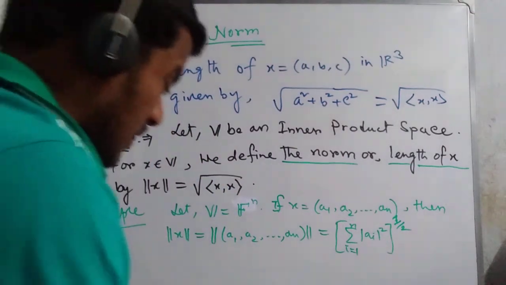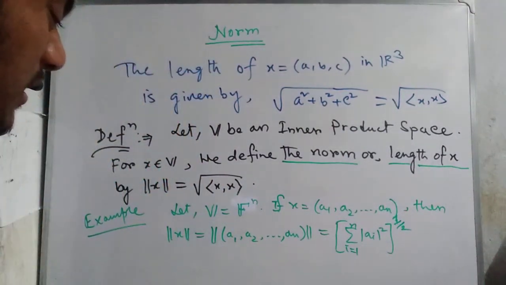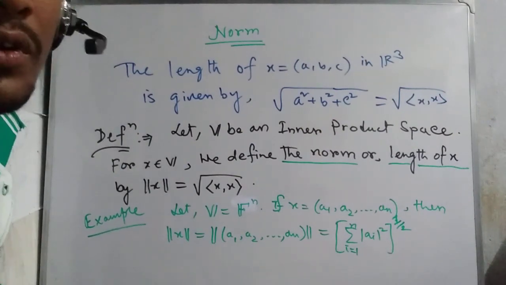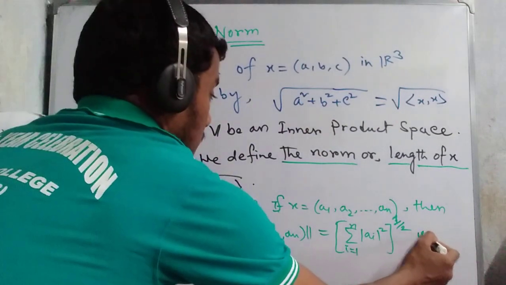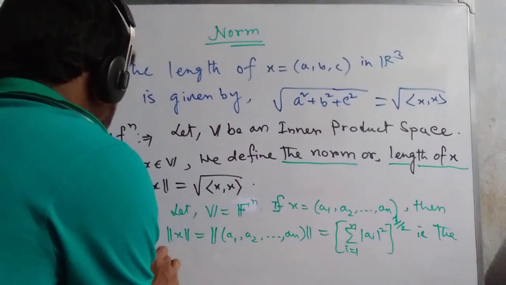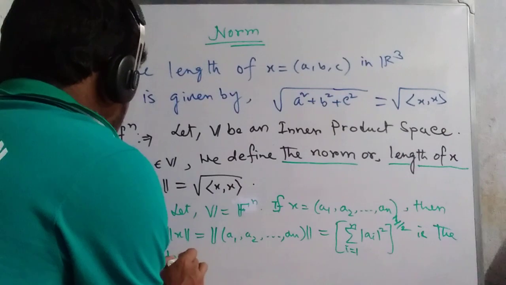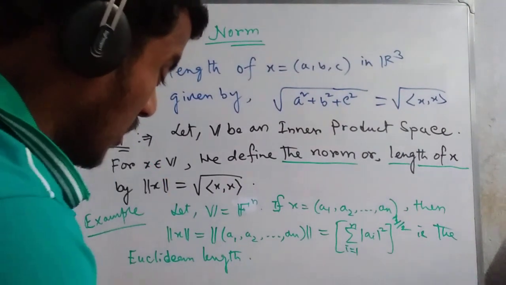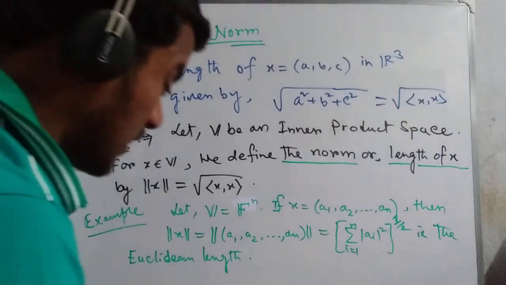This is the Euclidean definition of length, the Euclidean length.